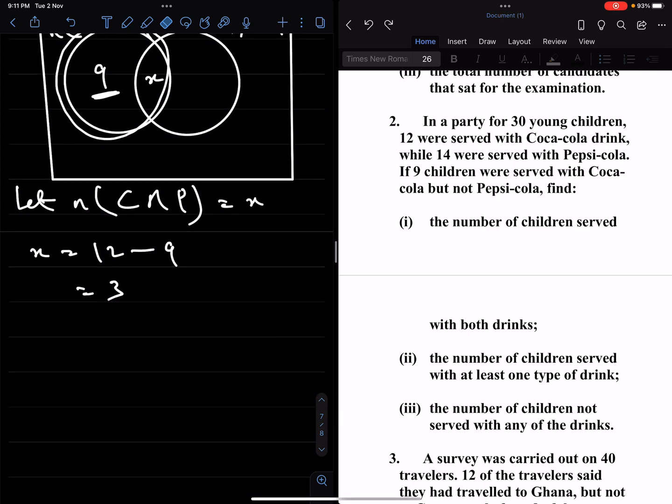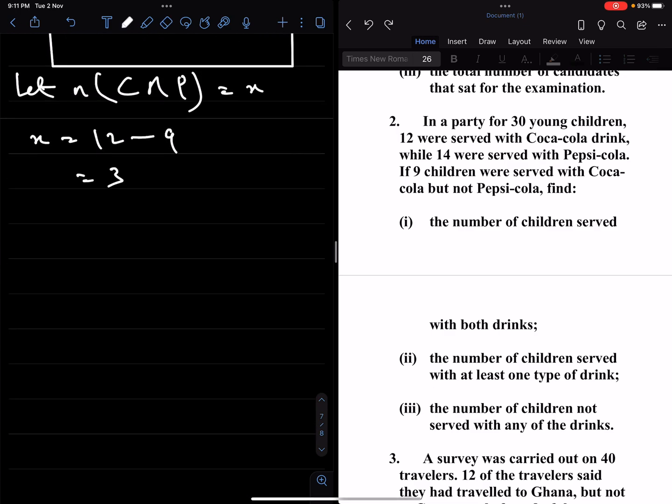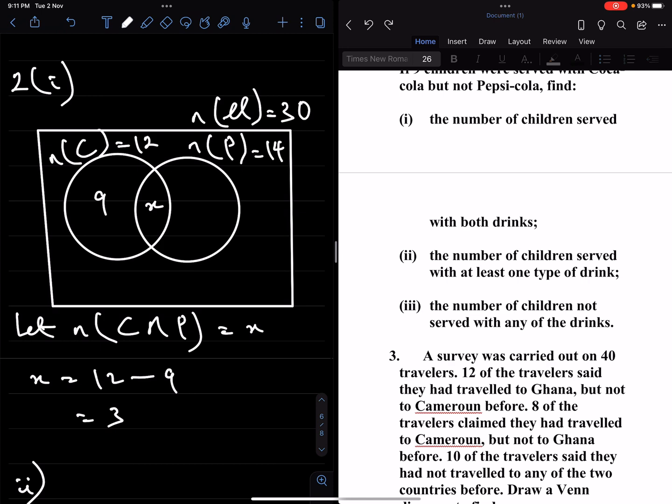Now to the next. Homework figure 2 says, number of children served with at least one type of drink. Now this is a trick. The number of children served with at least one type of drink is the same as the whole of at least one type of drink.